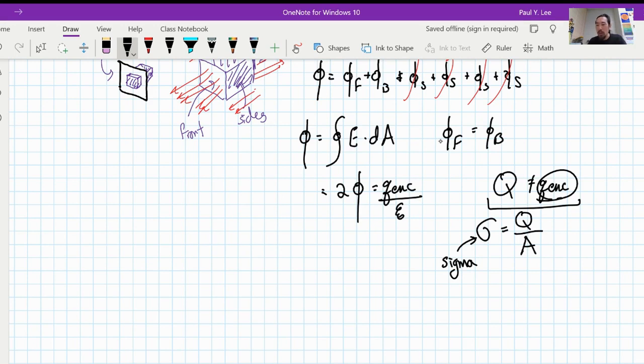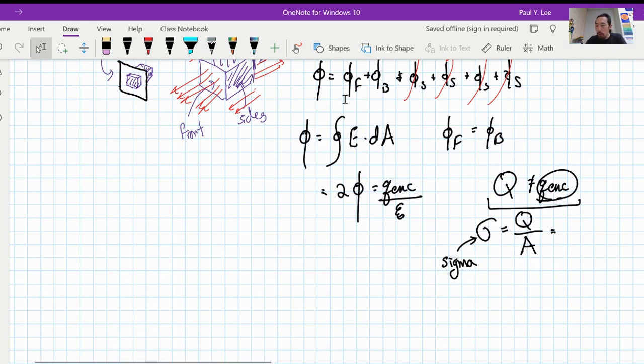Okay, so that is our ratio. So if we take a section of this charge, and that will be just a portion of the area, we will get a portion of the charge, aka the Q enclosed. All right, so that's a big part of trying to figure all this out.